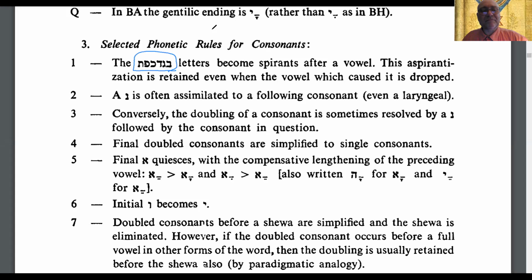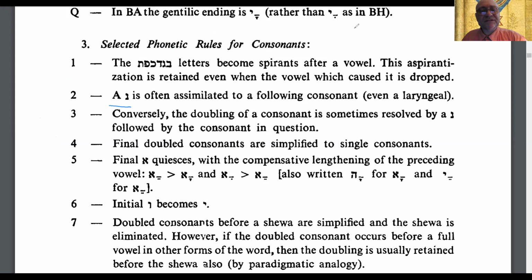That's a mnemonic. Ged kafet, and it's taking the sounds of each of these letters. Becomes spirants after a vowel. This aspirantization is retained even when the vowel which caused it is dropped.